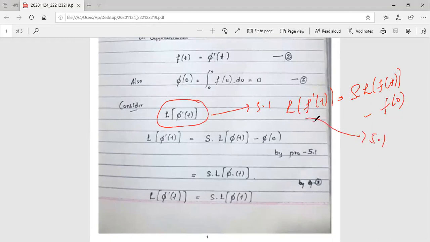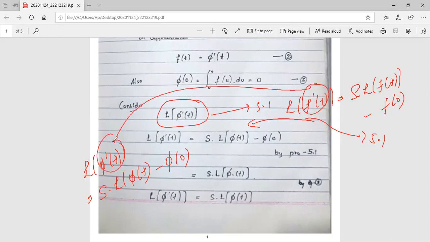So using this property, we will write the Laplace transformation of phi dash of t as s into Laplace transformation of phi of t minus phi of 0. Here we have f of t and here we have phi of t.